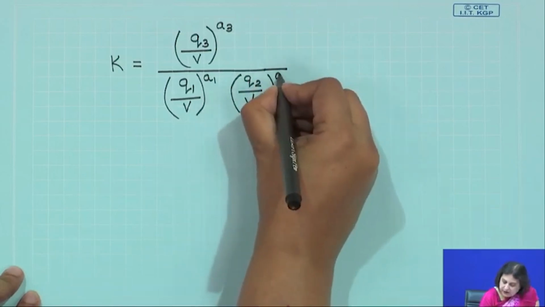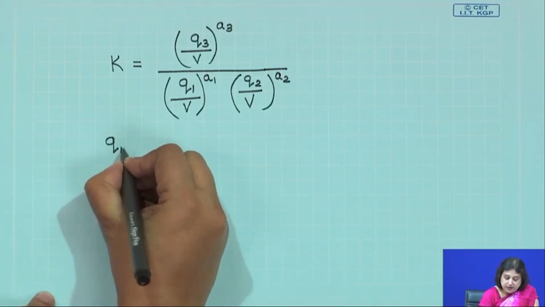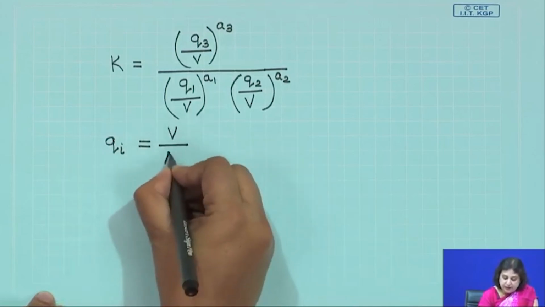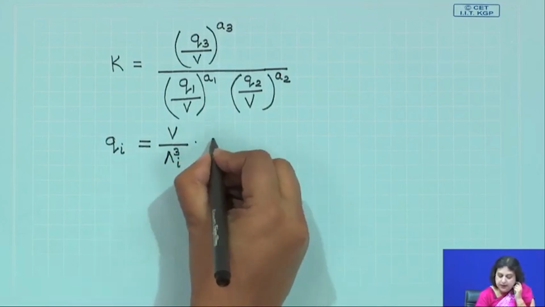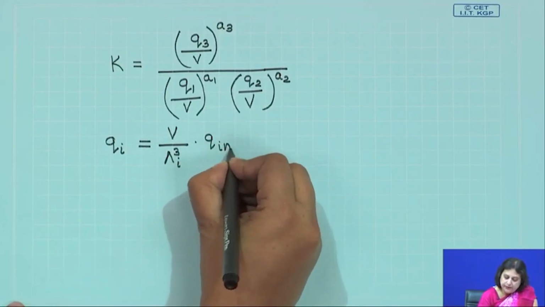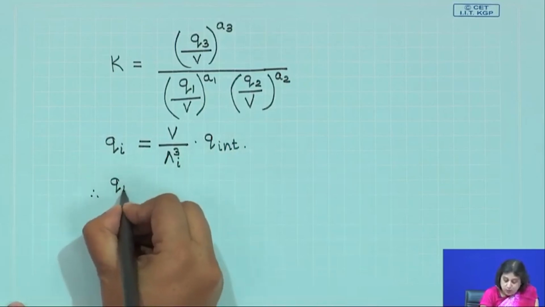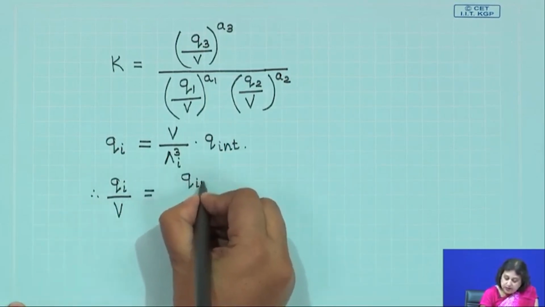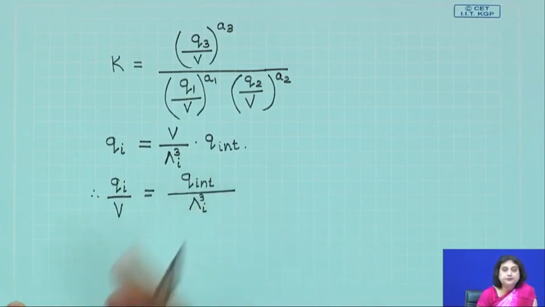Now, each of the reactants and the products are ideal gases. Therefore, I can write down that qi is going to be something like V divided by lambda i cubed multiplied by q internal. So, what is qi by V? This quantity is nothing but q internal divided by lambda i cubed.